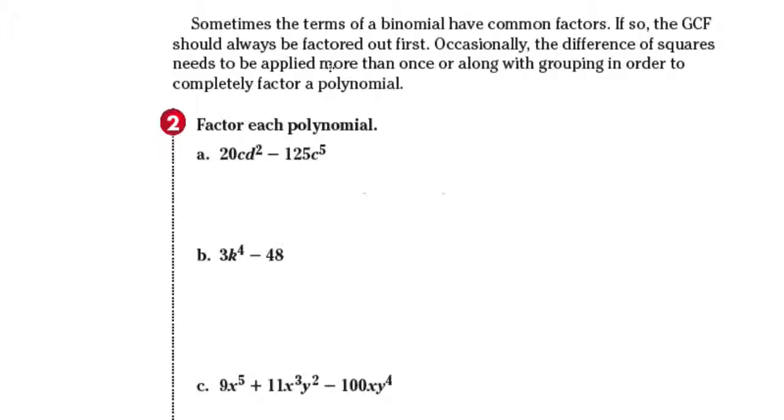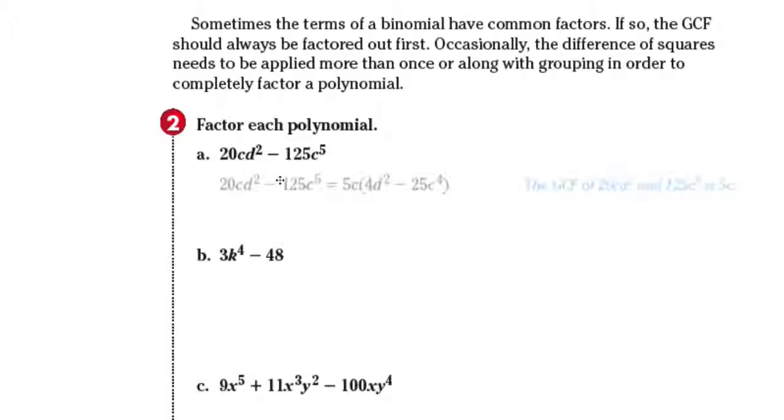Occasionally, the difference of squares needs to be applied more than once, or along with grouping, in order to completely factor a polynomial. Now, in these examples, we are going to combine all our factoring methods to be able to factor our polynomial completely. So let's take a look at the first one, 20cd squared minus 125c to the 5th.